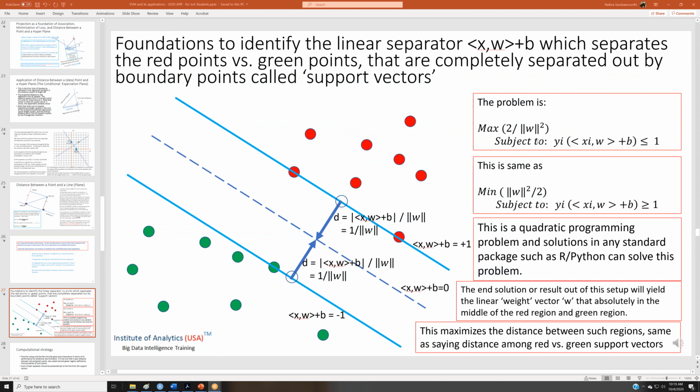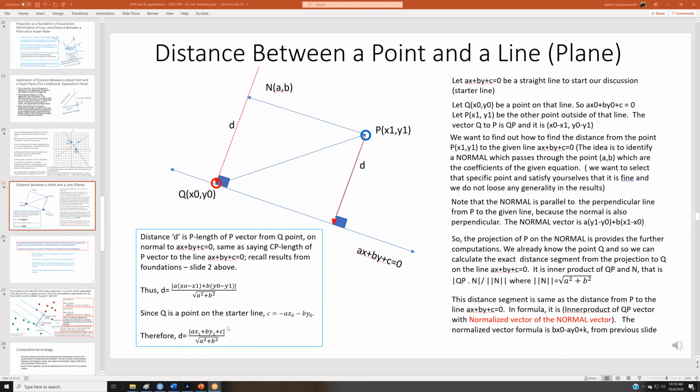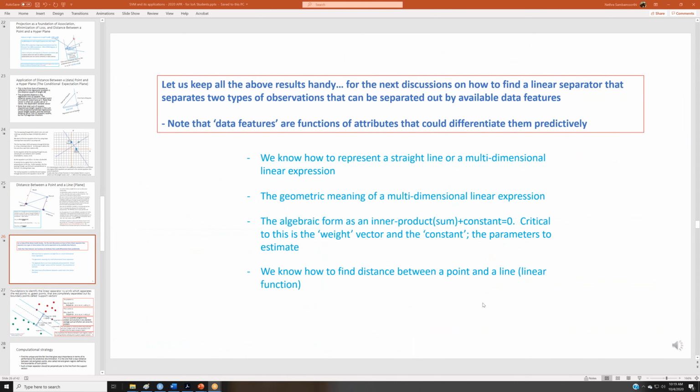That total distance is 2 over W. That W is coming from the support vector point, any one of the support vector points to its line. And the support vector point on the other side to the same line. Their distances should be equal, so it becomes 2 over W, and it is coming from this structure. Everybody's good? You will remember this, so you know how to articulate. Now that you know, you can go and do your programmatic solutions.